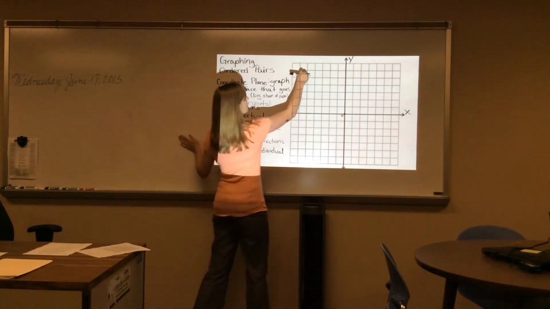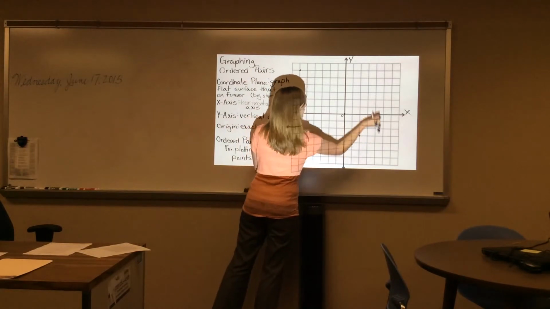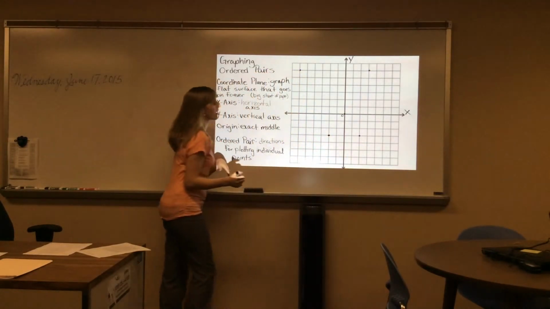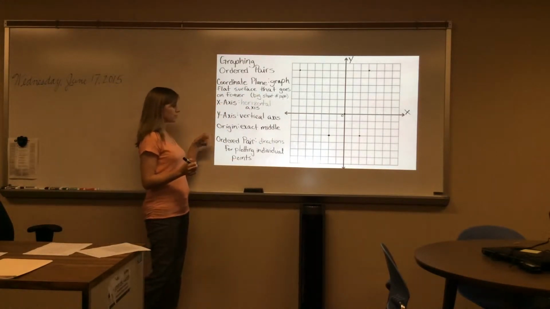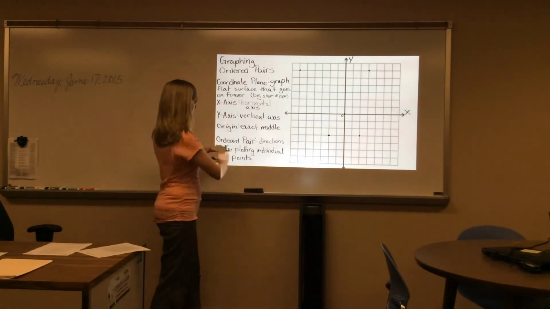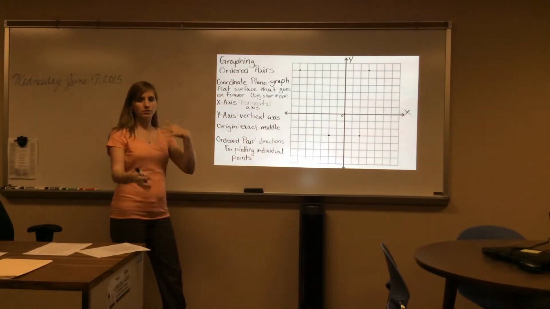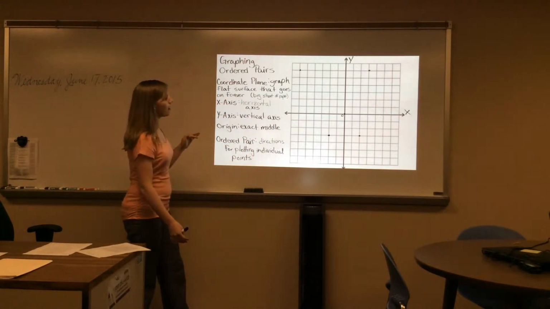You'll notice there are a bunch of different places where I could put points along this graph, just random spots that we could place points at. These different points all have different ordered pairs. They all have different directions on how to plot them. We're going to go over what those directions mean, how to write them, and so forth.